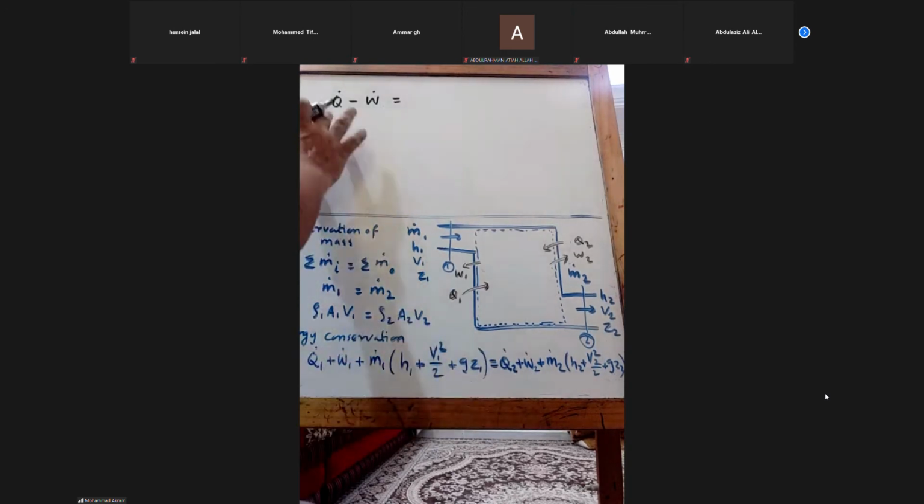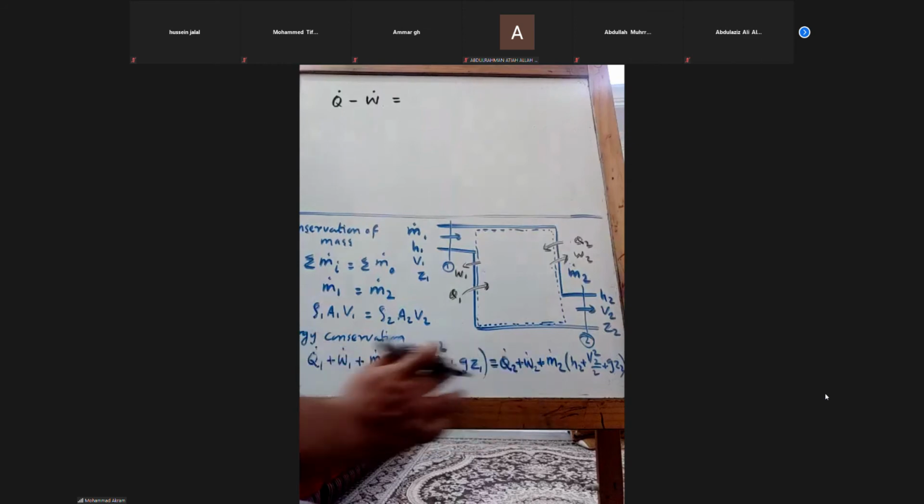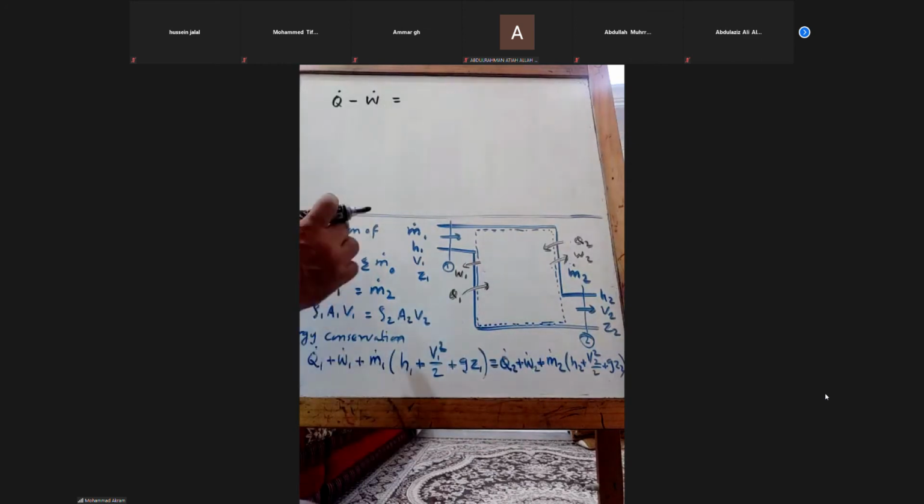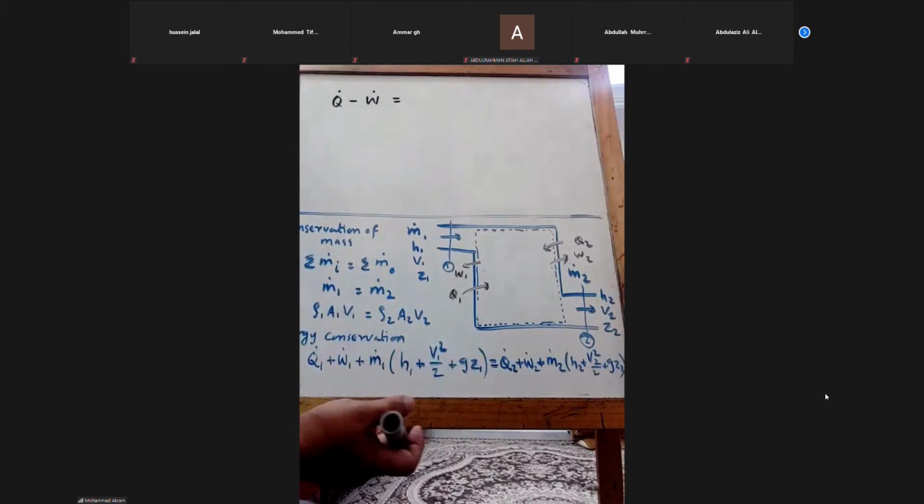Q1 minus Q2 is Q, and W2 minus W1 is W. So we have Q dot minus W dot equal to total energy.